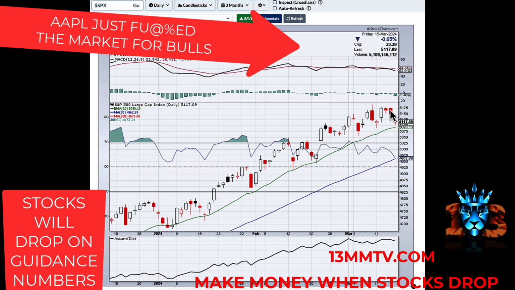So what Apple has just done to the market, I think a lot of companies are going to take notice of and expect some very conservative numbers. So in other words, companies that are reporting earnings right now, they're going to tone them down.